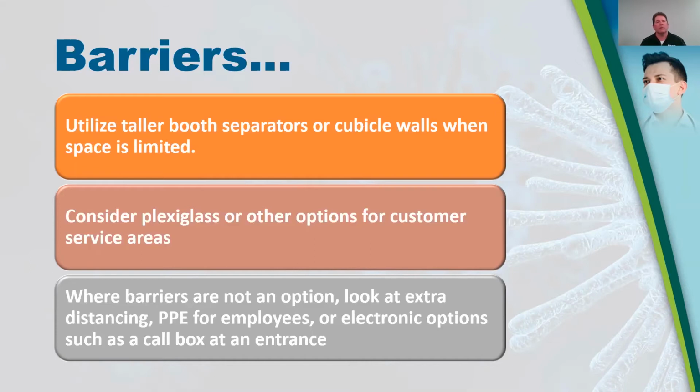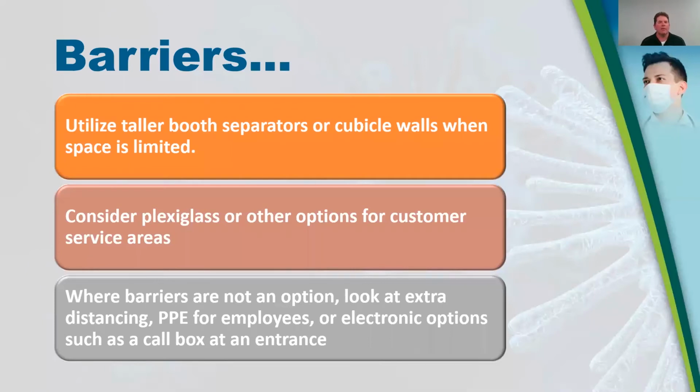One of those things that we can do is by putting up barriers. If we have employees that are in cubicles or in a shared work area, we can make those walls a little bit taller to keep the water droplet portion of this spreading to a minimum.